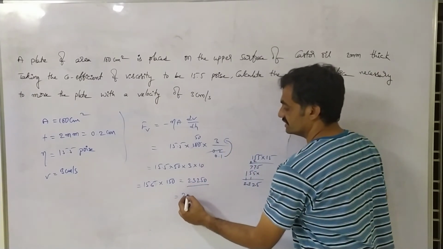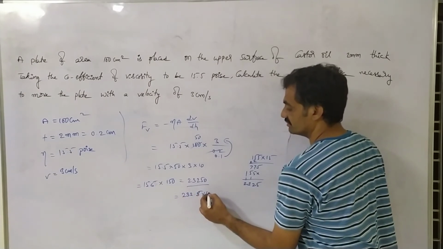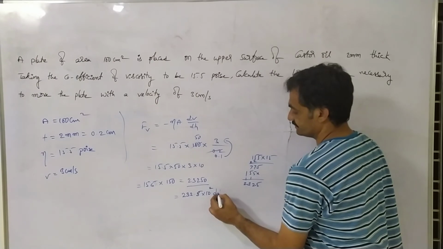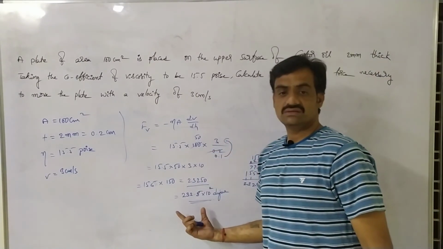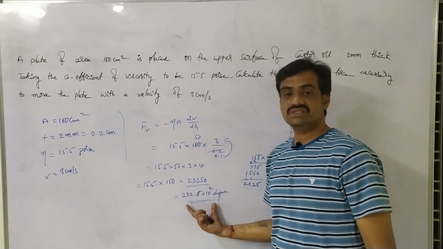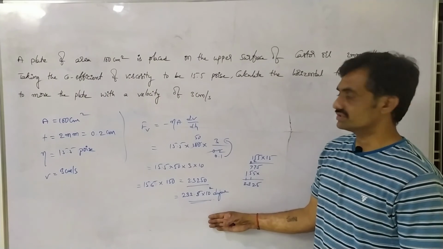Nothing but we can represent it as 232.5 into 10 to the power of 2 dyne. This represents the viscous force acting on the fluid. Take a screenshot.